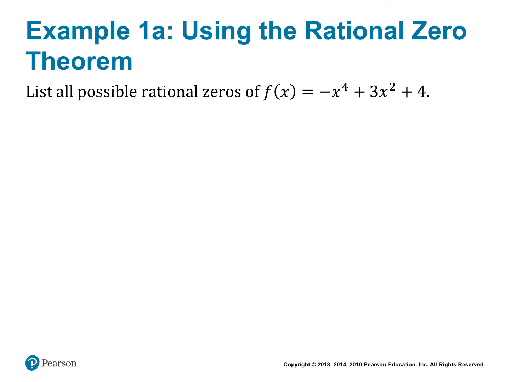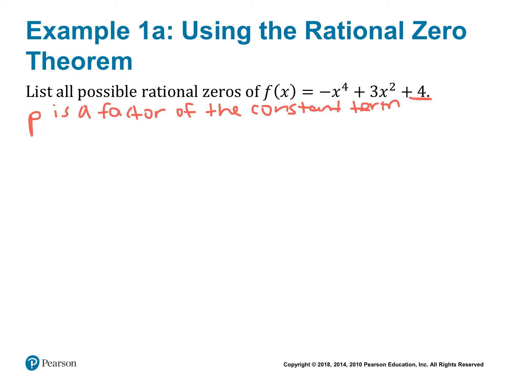So we'll start by listing all the possible rational zeros of f of x equals negative x to the fourth plus 3x squared plus 4. If you go back to that rational zero theorem, the main things were that P is a factor of the constant term, so that's that number at the end.